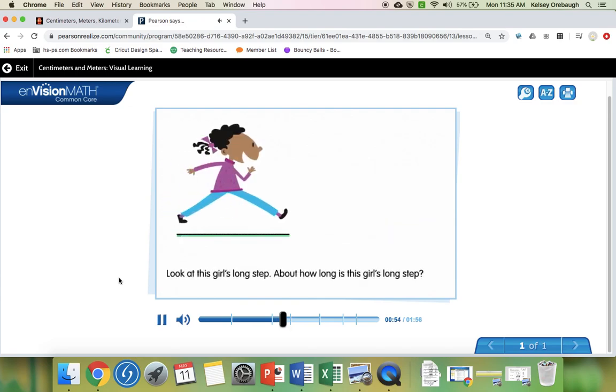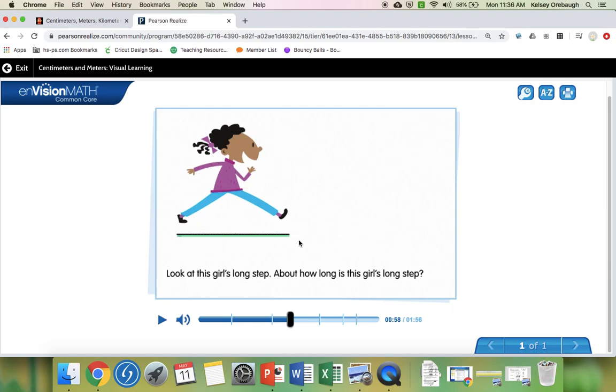Look at this girl's long step. About how long is this girl's long step? Well, think about this. We were just talking about centimeters, which are about as long as the length of a button across or a staple. This is a much larger length, much longer length, I should say.